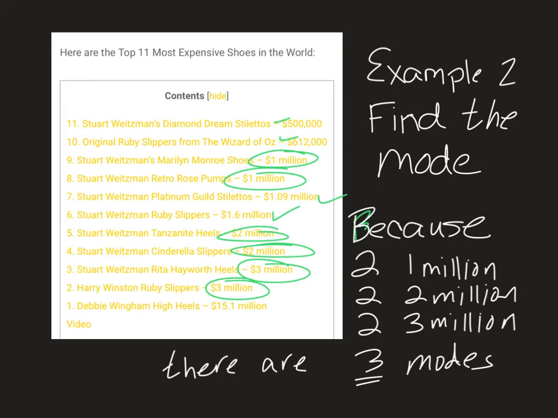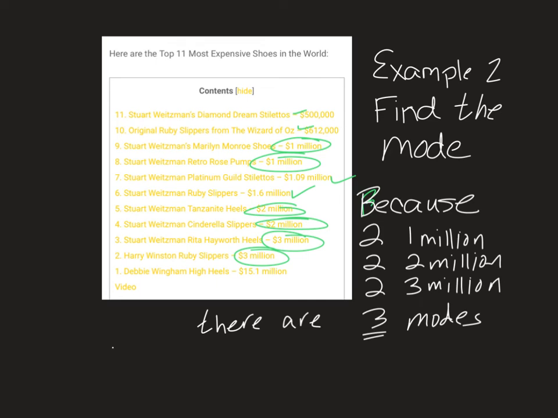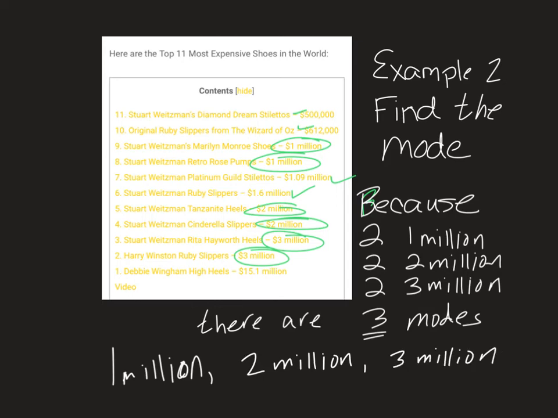And again, those 3 modes are 1 million, 2 million, and 3 million. So the same way that you can have no mode, you can also have more than one mode.